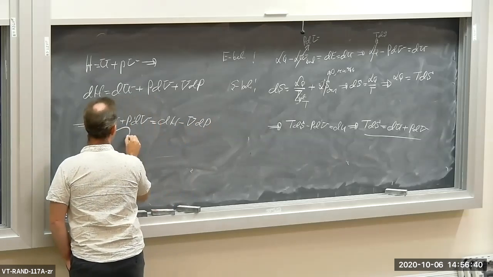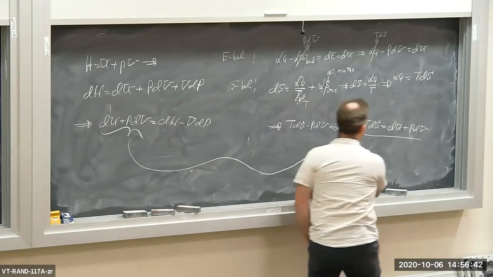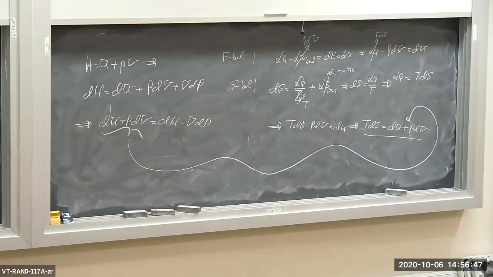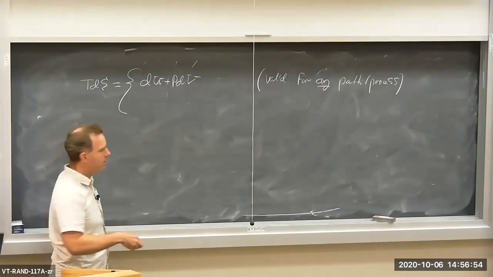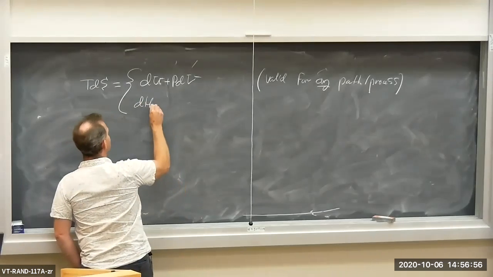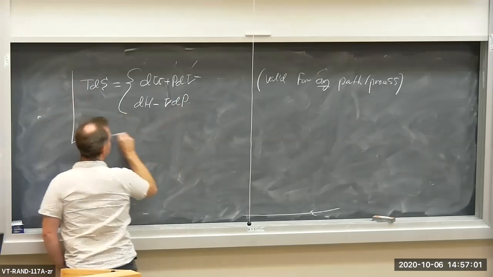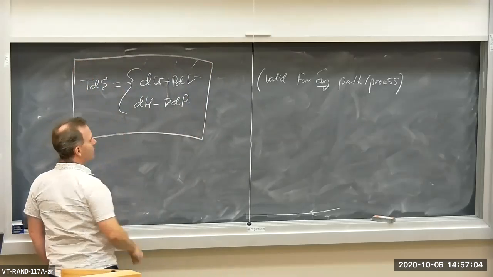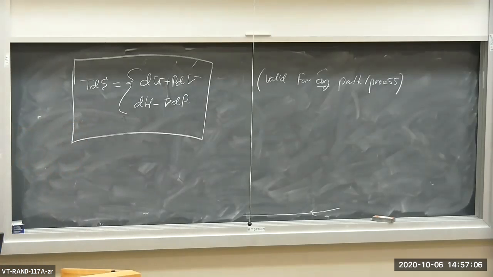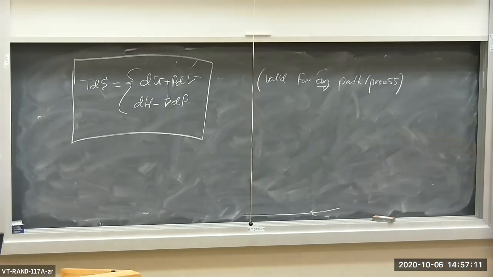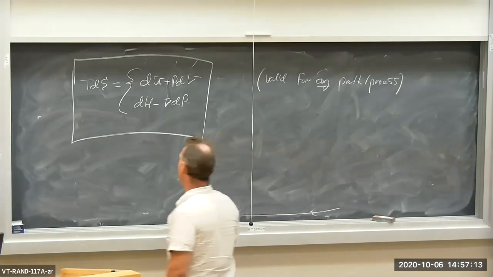So I could substitute this right into here, and I get the second T dS equation: T dS equals dH minus V dP. Put a box around this. These are the T dS property relationships, and they allow us to relate changes in entropy to changes in internal energy, enthalpy, pressure, and volume of the system.